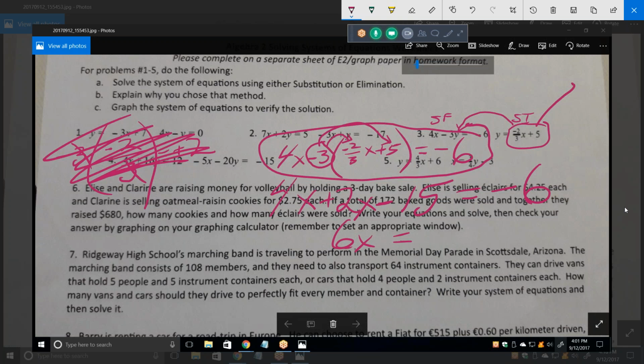Okay, and then once you move the minus 15 over, what do you got? 6x equals positive 9.